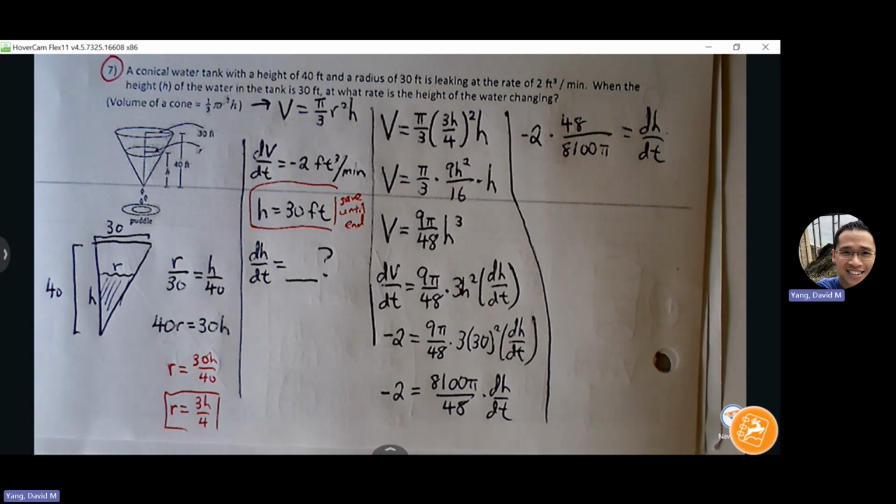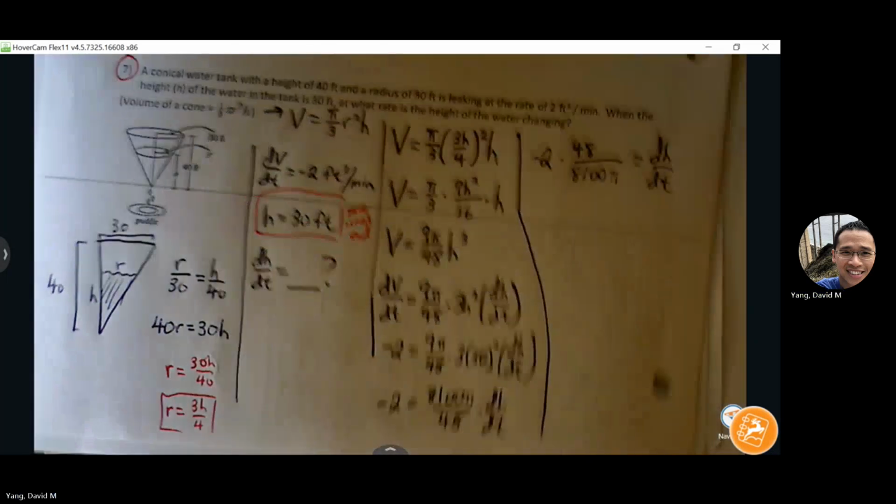I messed up somewhere here, because it's not 100, so it's 2000 or 24. I didn't get the 81. 100 over 16. Sorry, it's over 16, 48. Let me try it again.